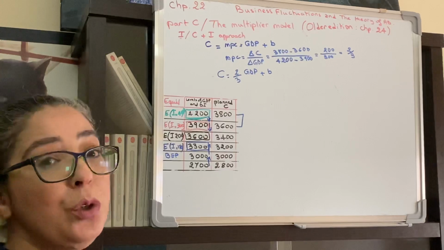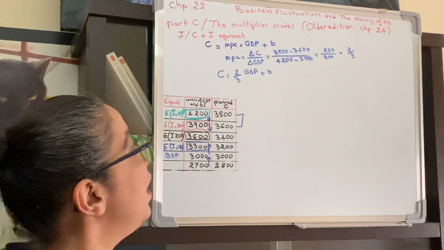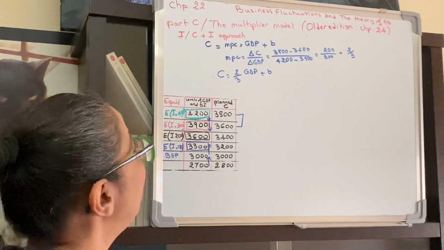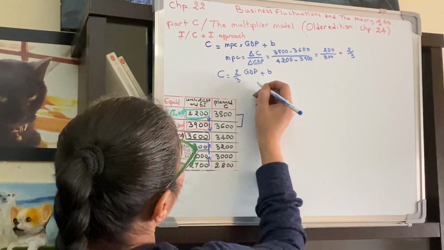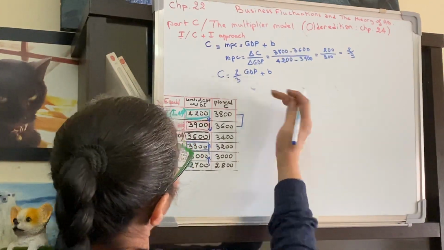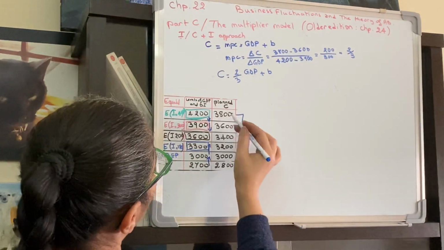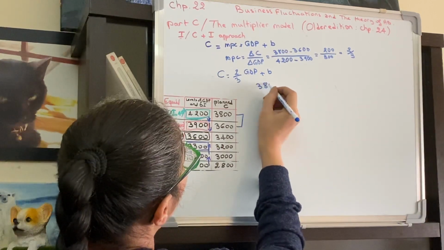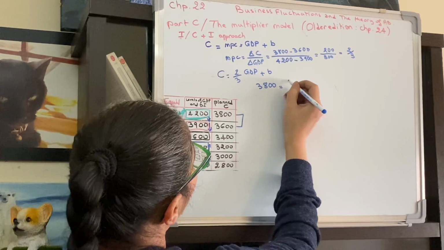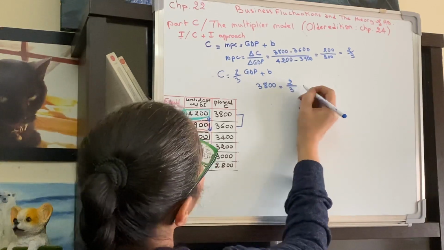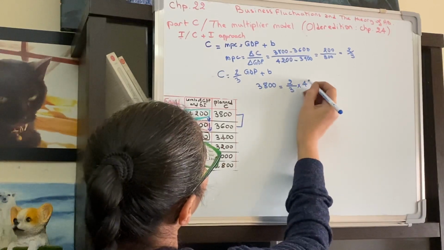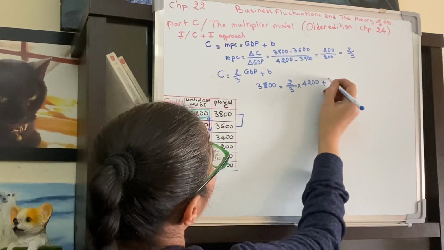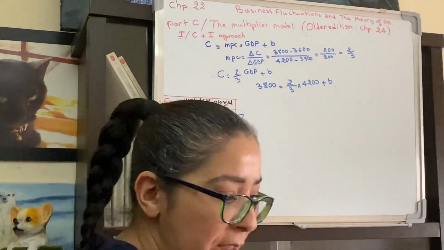So what I'm going to do is take a point and find my constant B. Which point am I going to take? I'm going to take 3,800. So 3,800 is equal to 2 over 3 times 4,200 plus B. Calculator, please.